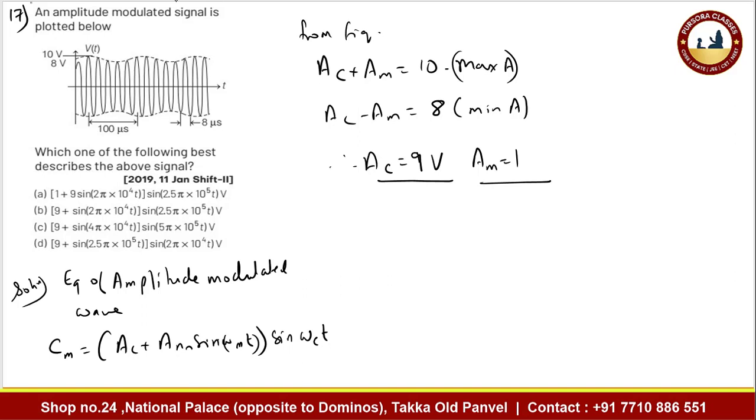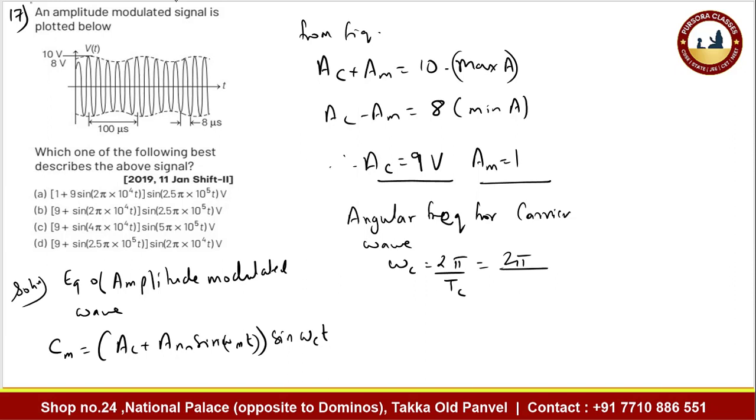Now for angular frequency of the carrier wave, omega_c is 2 pi f. f is not given but the time period is given. As you can see, the carrier is the highest frequency, so its time period is 8 microseconds.